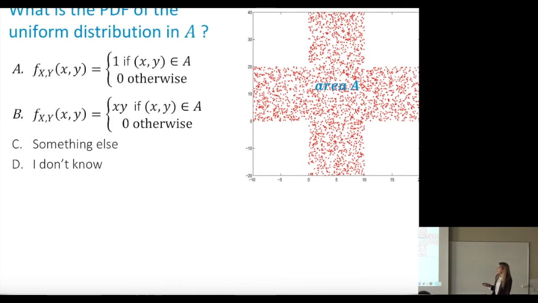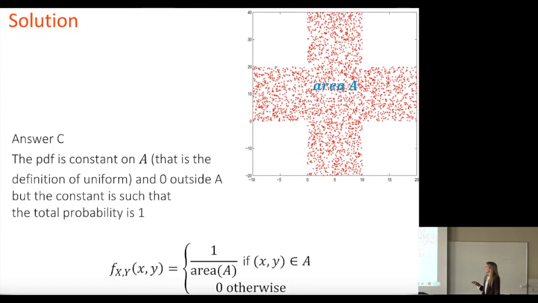So what is the PDF of the uniform distribution in this area A? The uniform distribution has a constant probability density function in the area A and 0 outside.